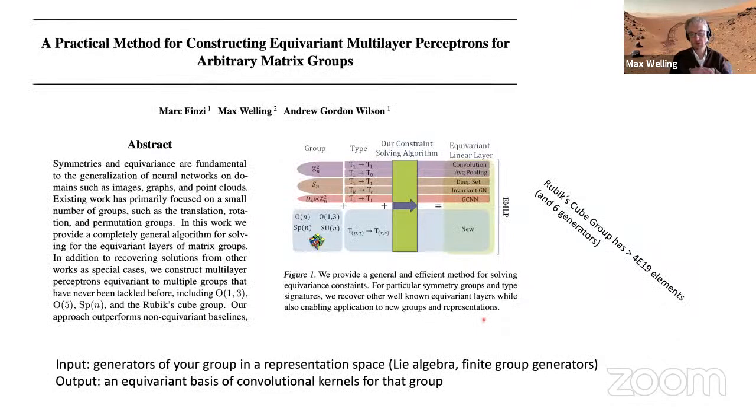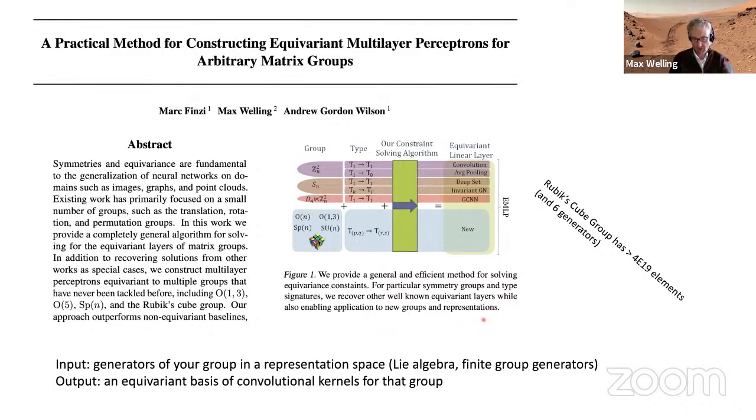Now, I won't go a lot deeper into this topic, there's a huge amount of things to say about it. But the good news is that there is now a very simple way to do this, if you can identify the group that you're interested in and the representation of that group that you want your features to transform under. And in fact, you only need the generators of that group, which is often a much, much smaller number than the actual group elements themselves.